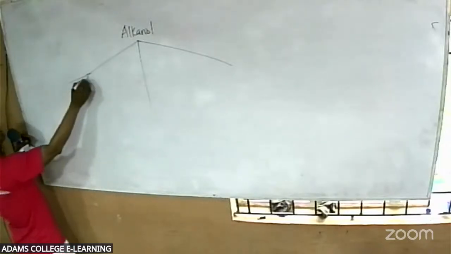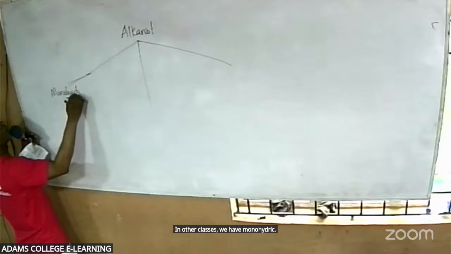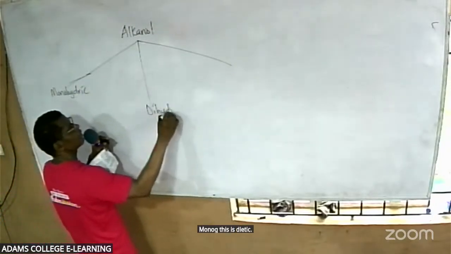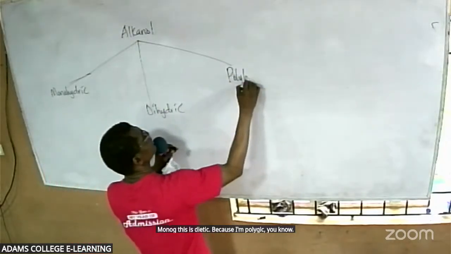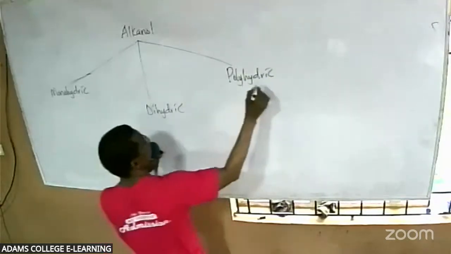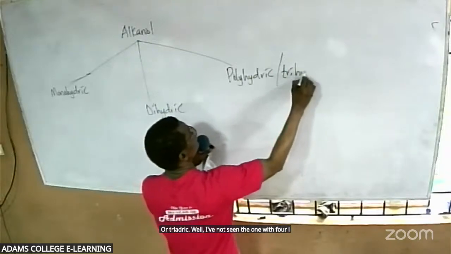First one, these are the classes. We have monohydric, this is dihydric, this one polyhydric, or trihydric. We have not seen the one with 4. I think trihydric.